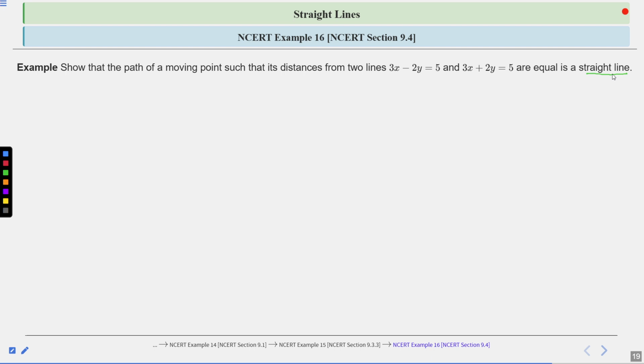So students, first of all, try it yourself. You have 30 seconds to try to solve this example. Then we will provide the solution.